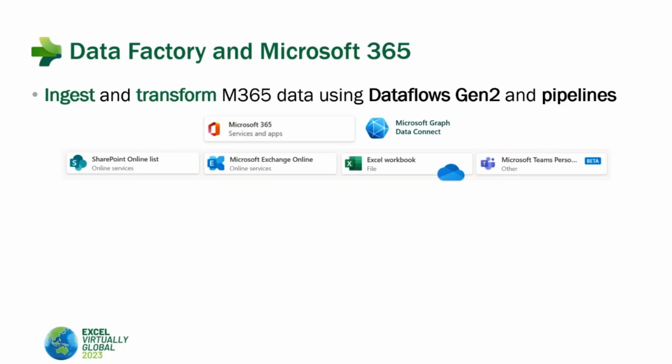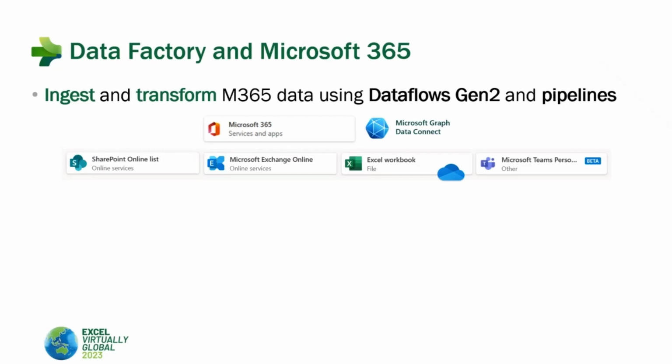First, let's have a look at how you can bring M365 data to Fabric data items. So here you can use Dataflows Gen2 to connect to SharePoint Online lists, Microsoft Exchange Online, Excel workbooks, including those stored on OneDrive. And also you can run Microsoft Teams personal analytics, so just your data in Teams.